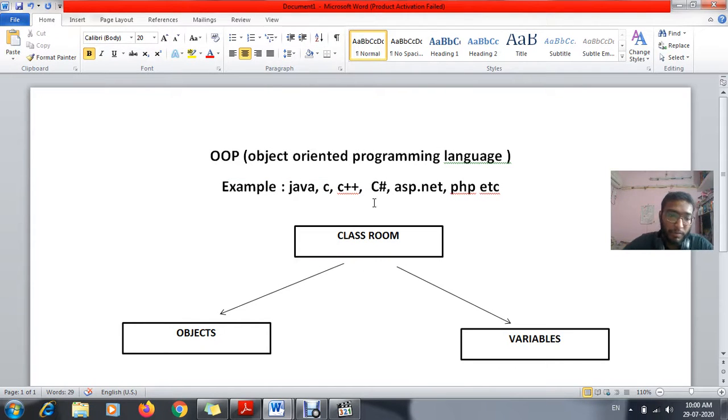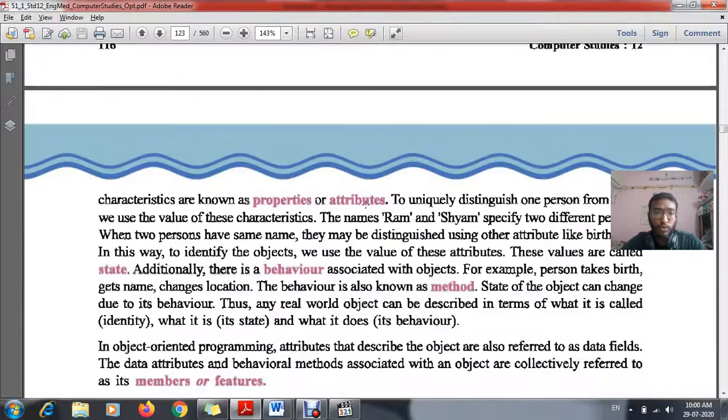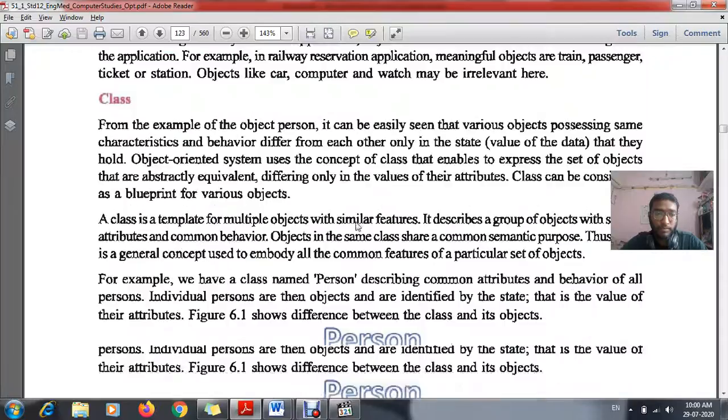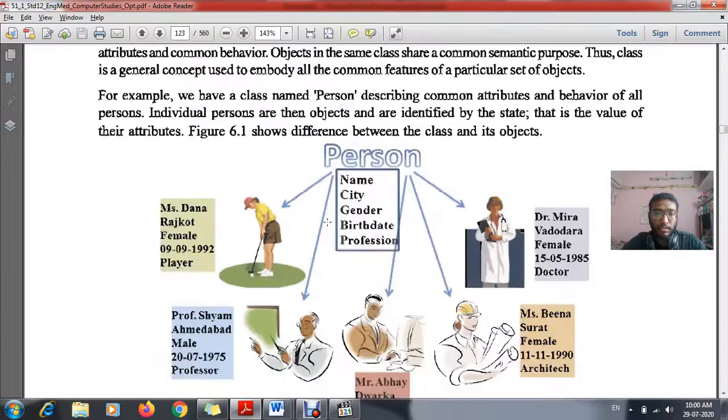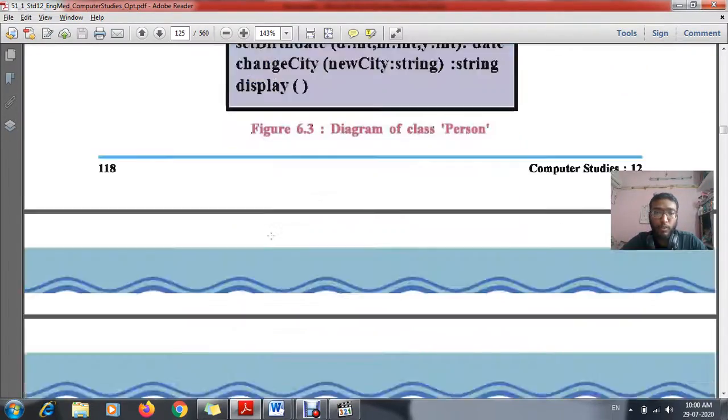Now, in this 6th chapter, we are not starting with any programming topic. We will be just learning the basic concepts. That means some definitions will be there. What do you mean by class, variable? See, you can see, introduction to class, variables.